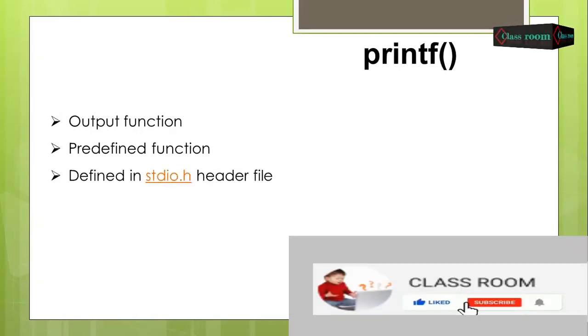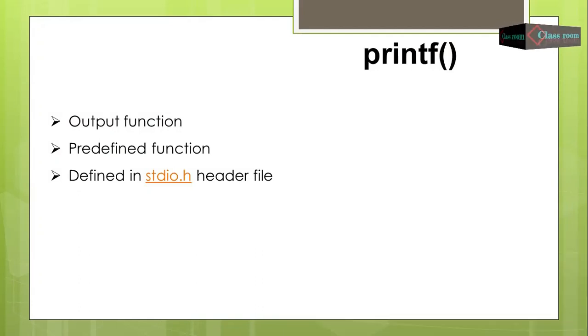The printf function is defined in a header file known as stdio.h, that is the standard input output header file, which means that the routines of the printf function are stored in a file known as the standard input output header file.